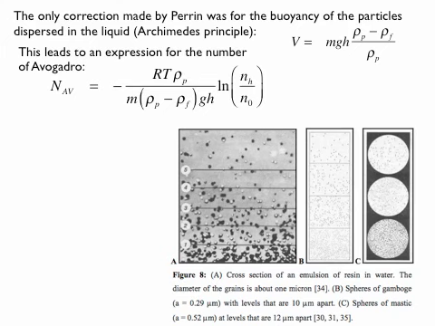In this particular case it is minus the gas constant times the temperature times the density of the particle, which you could measure, for example, in Stokes' experiment, divided by the mass of the particle times the density of the particle minus the density of the fluid times gravitational acceleration times the height, and then the natural logarithm of the number of particles at height h divided by the number of particles at the reference state, which is called h0.